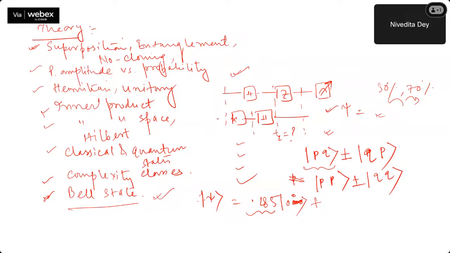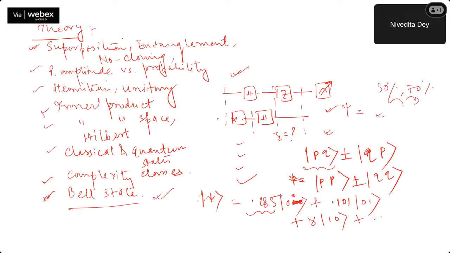I have not calculated it, but say 0.101 times 0.1 plus gamma times 10 plus, say, 0.25 times something. Now I will ask you what is the probability of finding the state 10? So simply calculate gamma and then it will be gamma square.